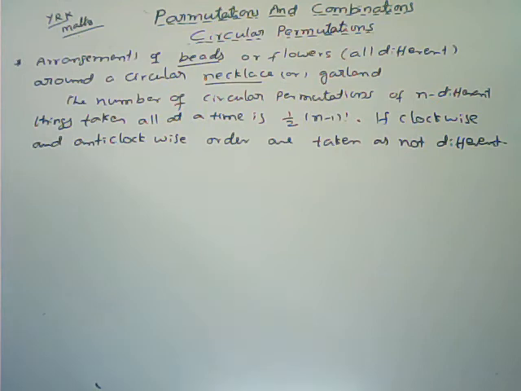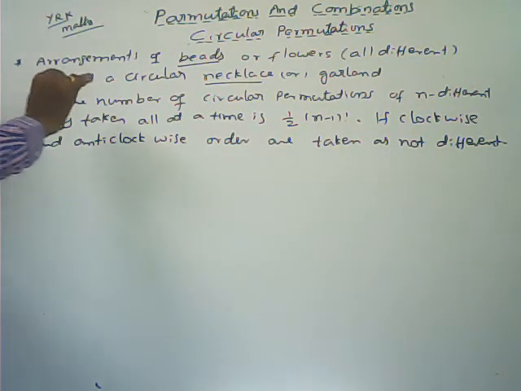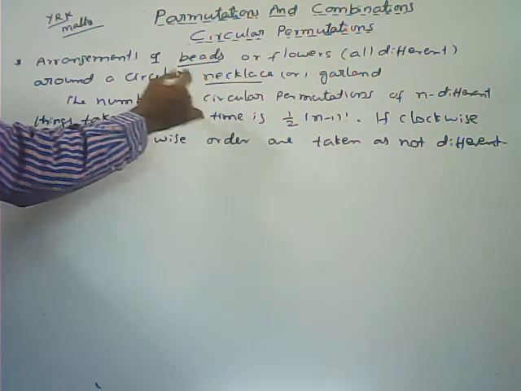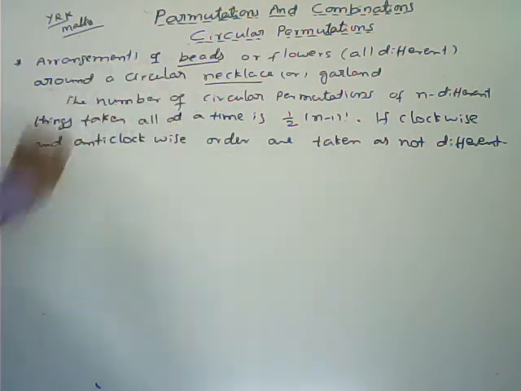See here, the number of circular permutations of n different things taken all at a time, things meaning either beads or flowers, is n minus 1 factorial by 2. If clockwise and anti-clockwise orders are taken as not different, here this is very important.